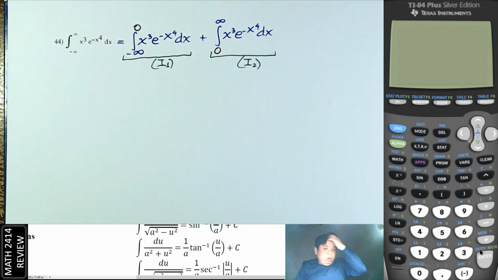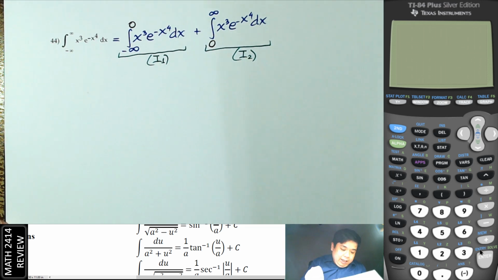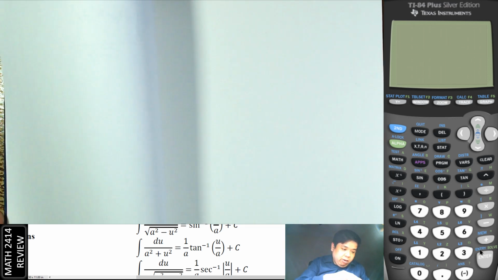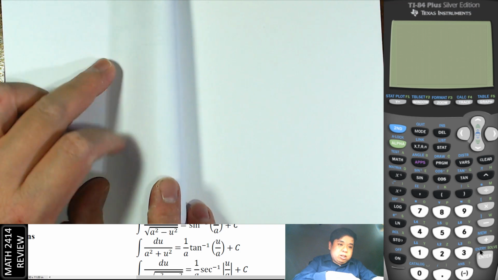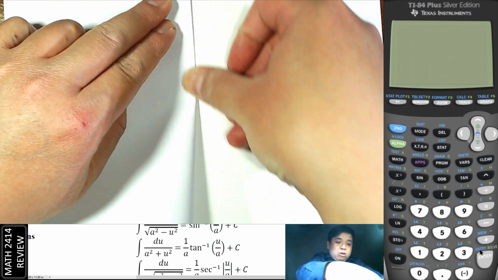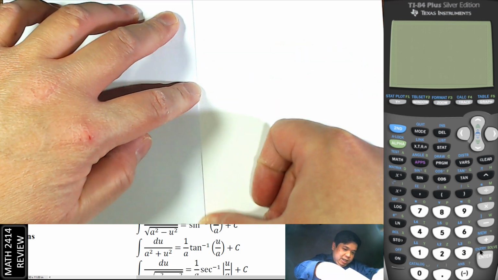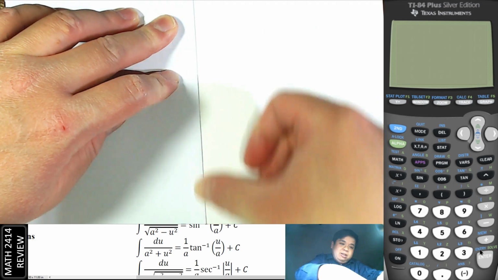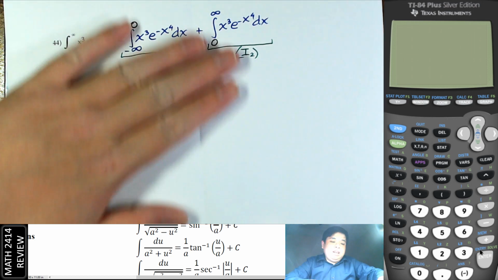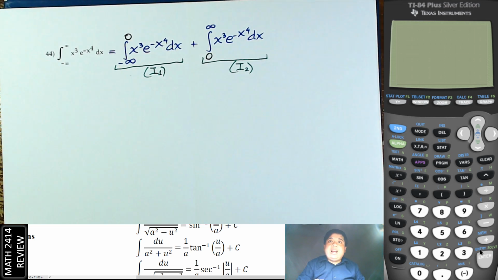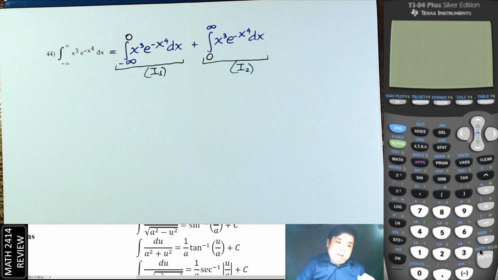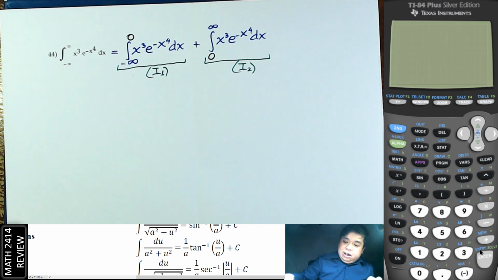Now we do it for both of them. Unless of course the first one is divergent, then we just want to stop and we say it's going to be divergent. If we have infinity plus infinity, infinity plus anything, unless infinity subtract infinity, that's a different story. Anyway, let's do the first one.